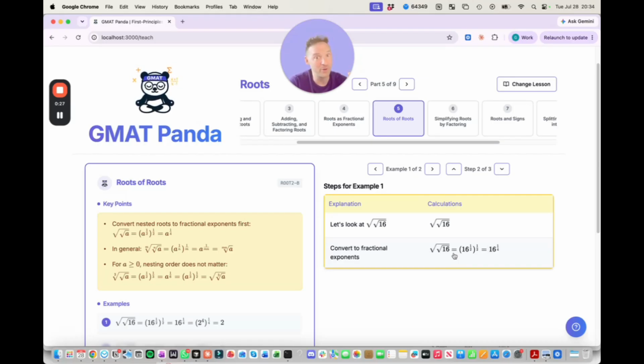So remember that square root of something can be written as the something to the power half. So we can write square root of 16 as 16 to the power of half. Then the second square root, we can also write that as power half.